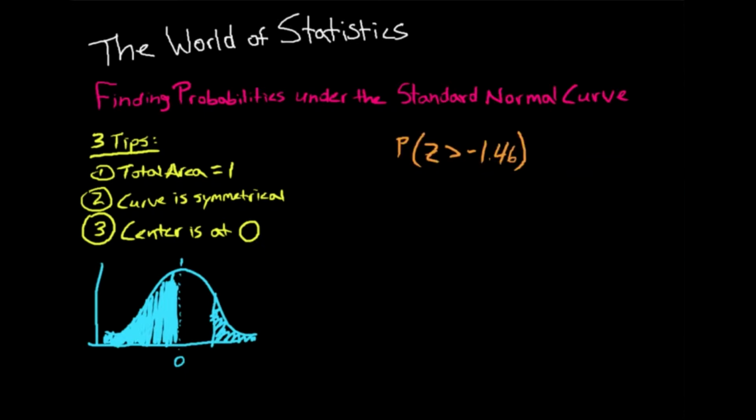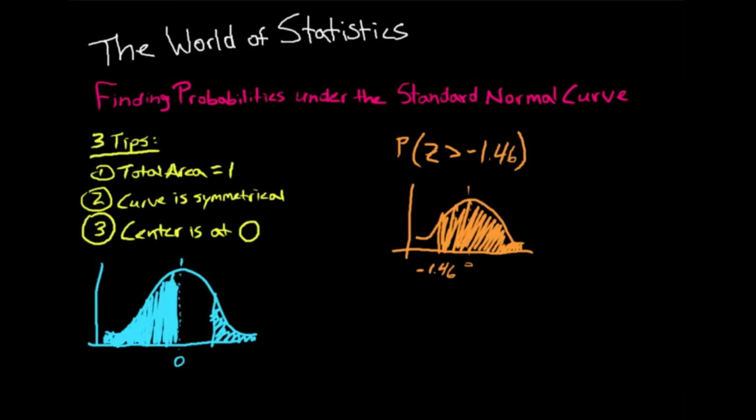For this example, we want to find the probability that z is greater than negative 1.46. So let's go ahead and draw out our standard normal curve. We have our value of negative 1.46, and we want to find the probability of everything to the right hand side, or greater than this value.